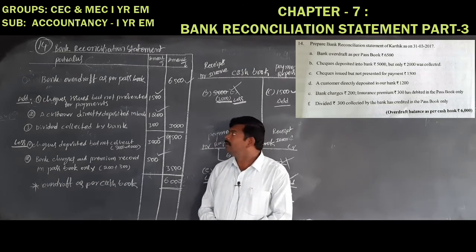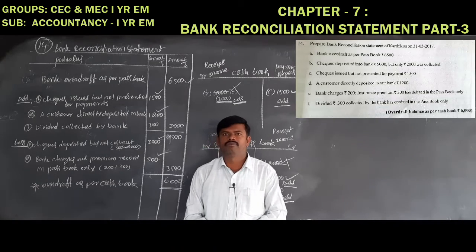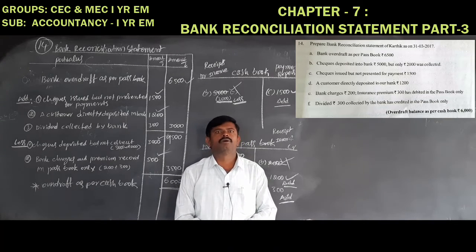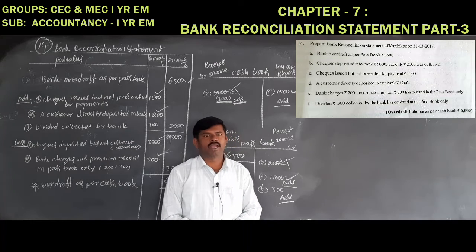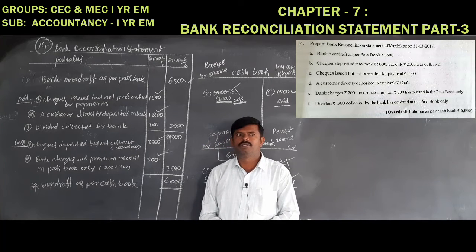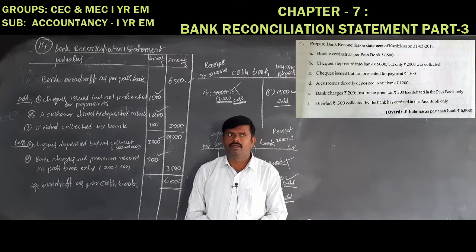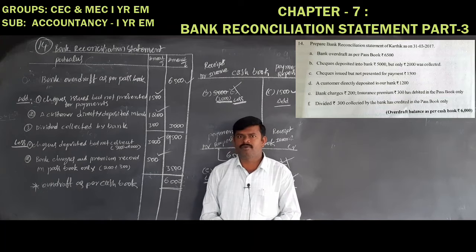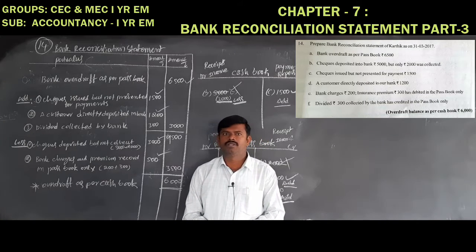Okay. We already discussed cash book favorable balance, cash book overdraft balance, passbook overdraft balance, and passbook unfavorable balance. Remember one thing. First of all, we identify the starting point: recorded in which book, on which side.